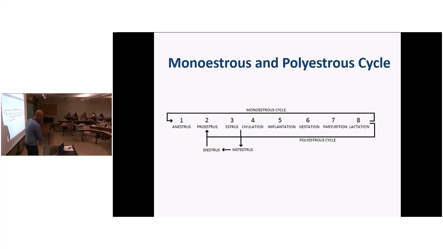Okay, so this is just to say, normally, if you think of the life of an animal, the animal goes into a certain anestrus for a long time, and then puberty arrives, and then you start having these cycles until you get pregnant. As you get pregnant, implantation, gestation, parturition, lactation, and then you can go back to the estrus cycle.